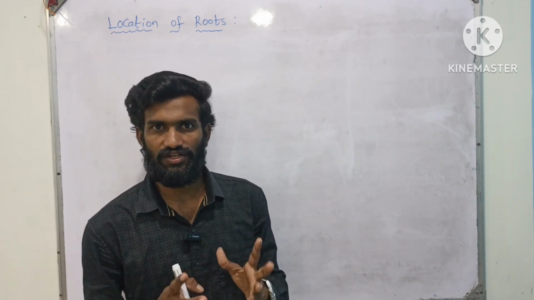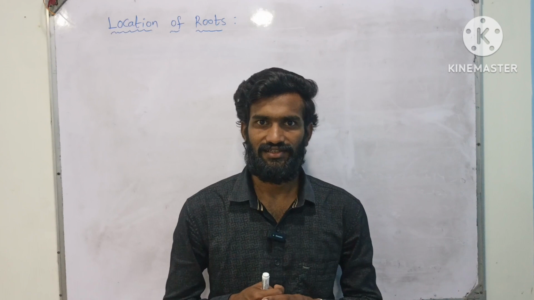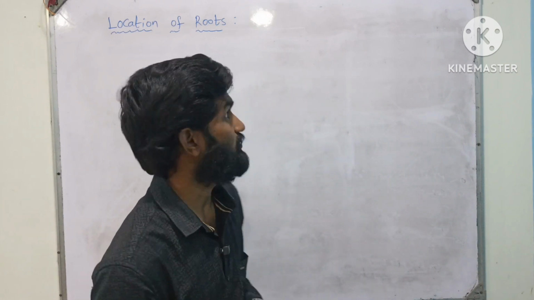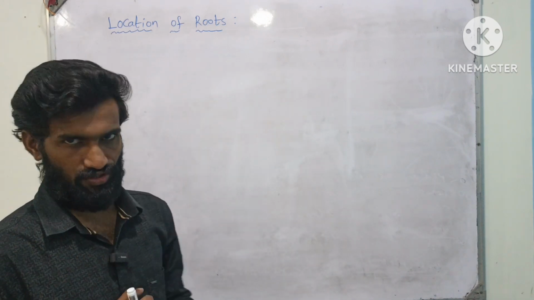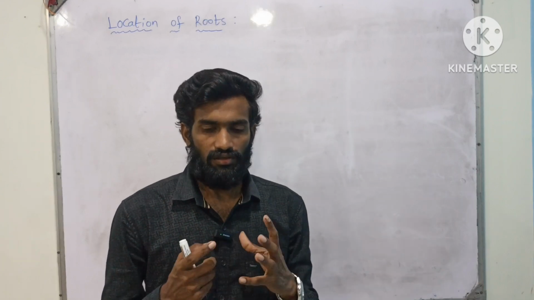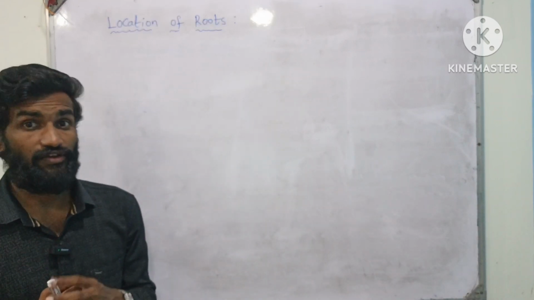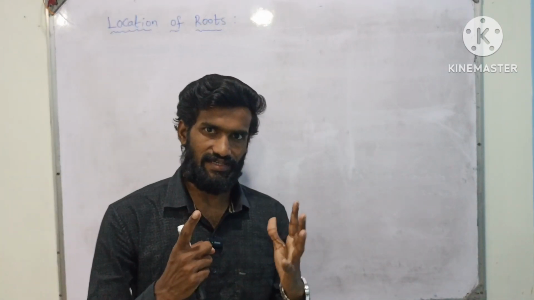We are in lecture 5 of quadratic equations. In this lecture, we are going to discuss location of roots. In this location of roots, we are going to see a total of 6 cases.